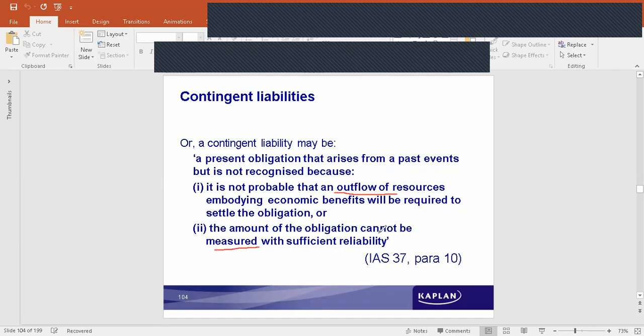How much the amount would be is not known. What is the probability? To what extent there would be an outflow of funds is not known. The amount of obligation cannot be measured. How much it would be is also not known.